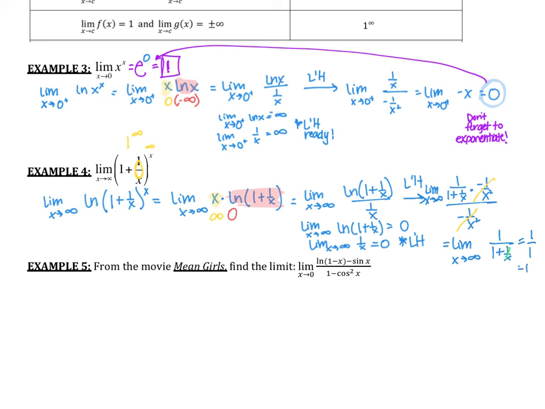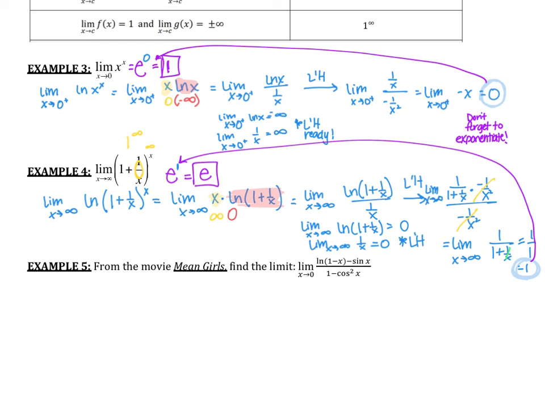Now, just as before, I need to take this value and plug it back into the undoing of the natural log that we started with. So I have e raised to the first, because that's the value I just found. And e to the first is just e, so my limit as x approaches infinity of 1 plus 1 over x to the x power is e.